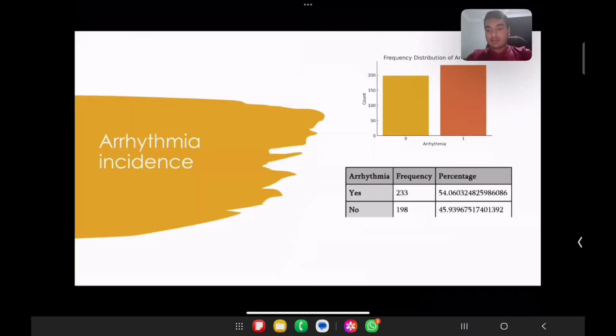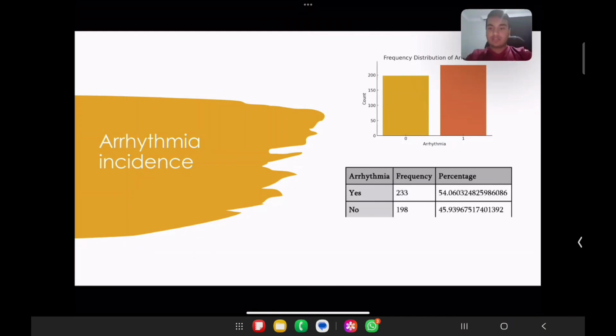So, and you will see the arrhythmia incidence there. What we need there, we will give some examples. For example, in the first graphic, you can see the arrhythmia levels. 0 means there is no arrhythmia, and 1 means there is arrhythmia in this patient.